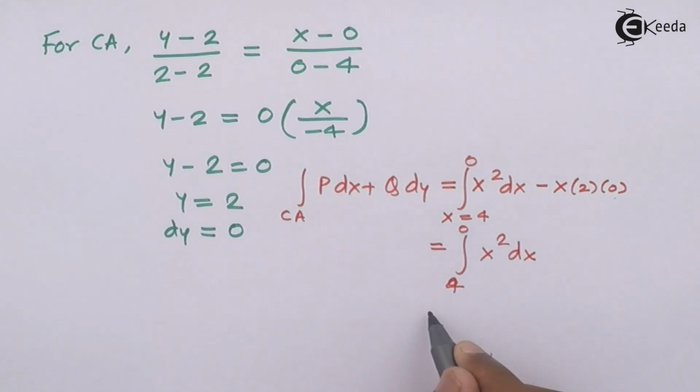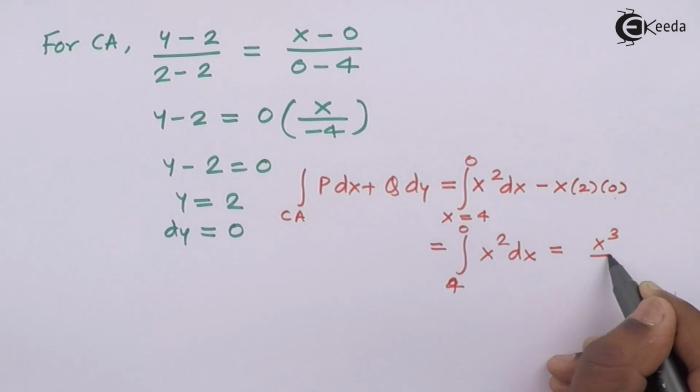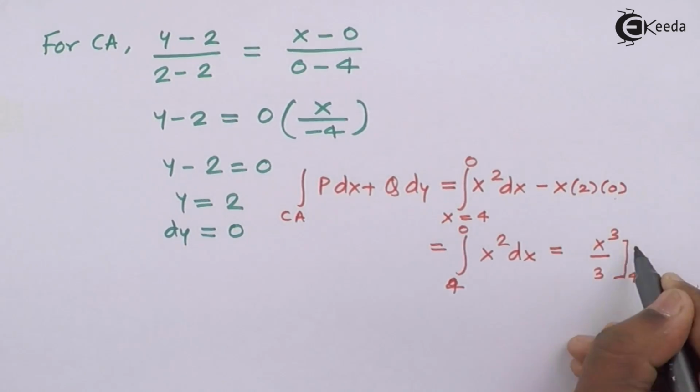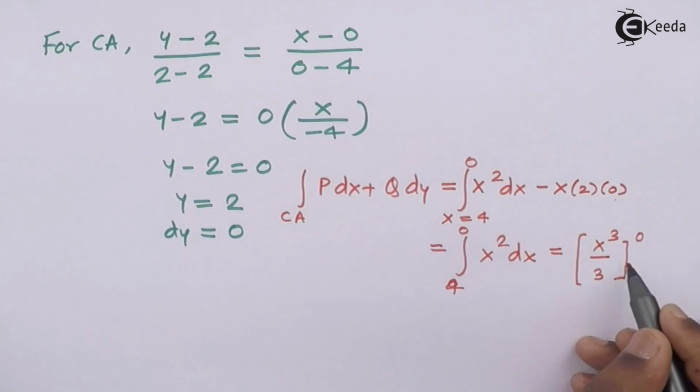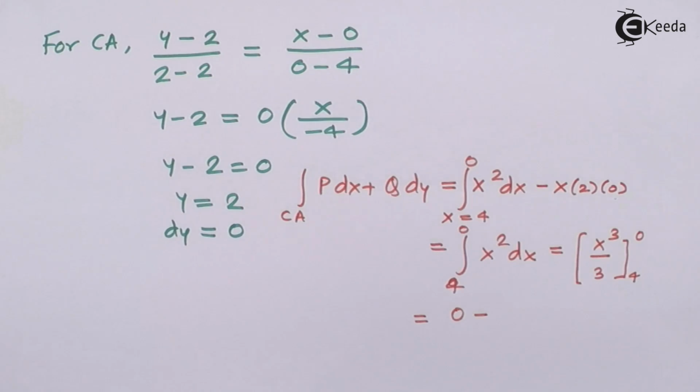So this is equal to x cube upon 3, which is the integration, and let's put 4 and 0. So by substituting the upper limit, we will get 0 minus, let's put the lower limit, so that will give us 64 by 3, and that is nothing but negative 64 by 3. So we got the line integral along the CA.